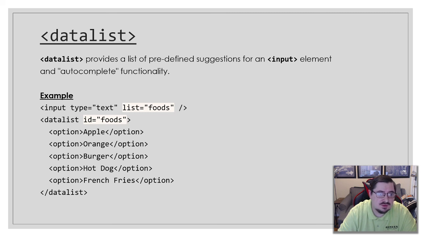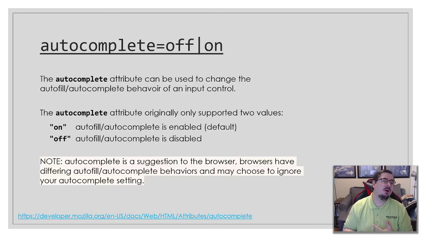So this is useful sometimes. More often than not, we're going to use the autocomplete attribute, though, for most fields. So the autocomplete allows us to change the autofill or autocomplete behavior for a particular input control.